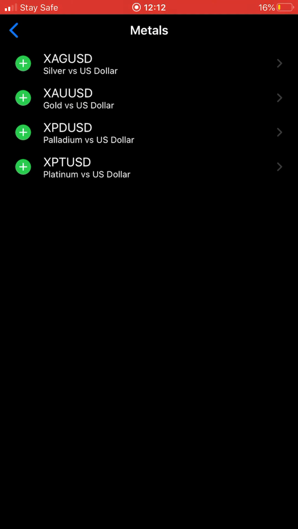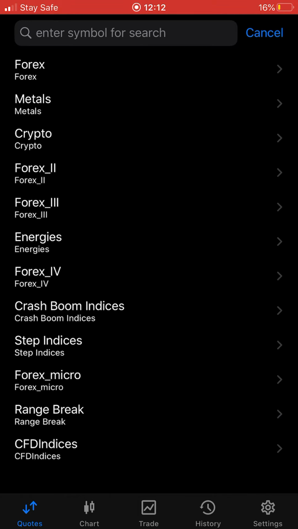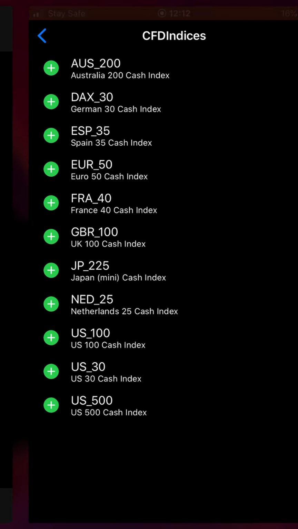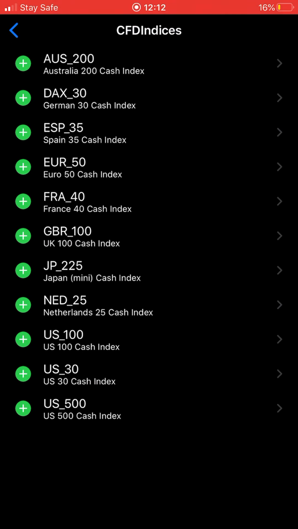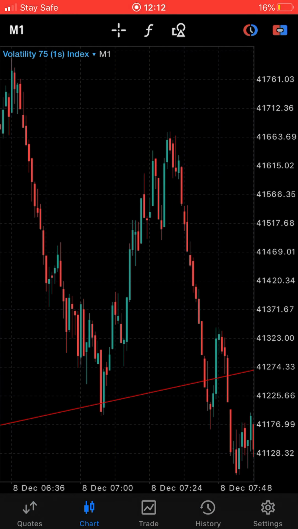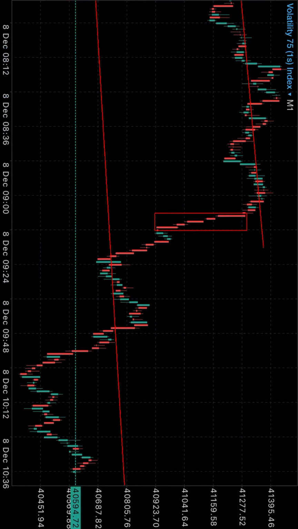There are metals also to trade: silver versus US dollar, gold versus US dollar. There are lots of things to trade in the forex market: CFDs, indices, many things. The forex market is wide.